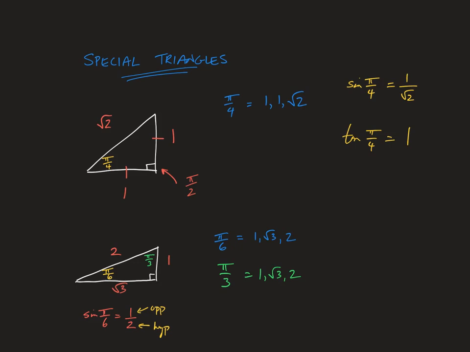I'm going to work my way through a process where you don't have to memorize as much stuff as what you may think, especially when it comes to working with your 1, root 3, and 2 special triangle. So let's jump in and get some practice where we can see where we can apply this stuff.